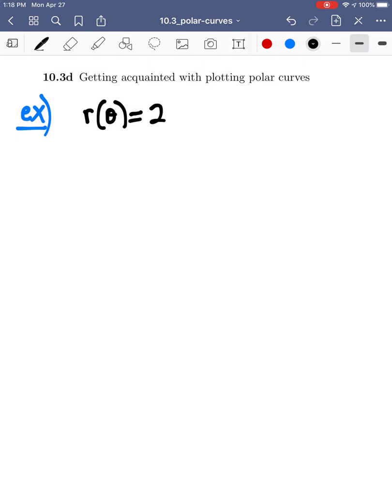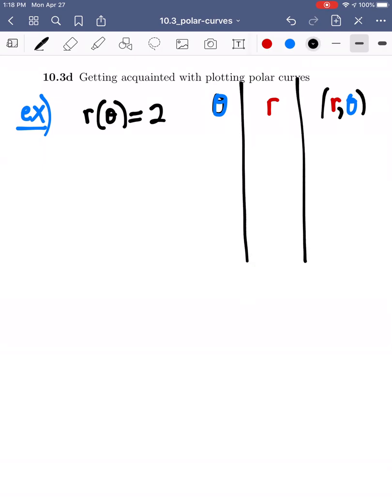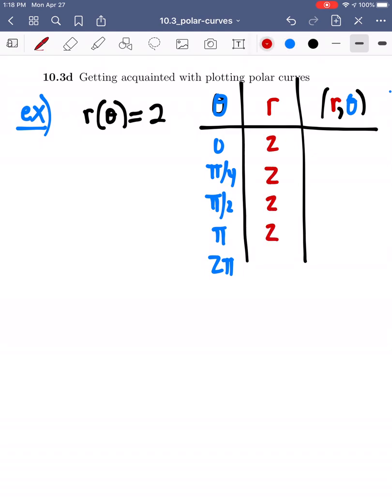So if we went ahead and tried to make our table of theta values, r values, and then the associated r theta values, well, what's a little different here is, we know that for every single theta value, even 0, pi over 4, pi over 2, pi, 2 pi, etc., our r is always equal to 2, no matter what the angle is for this particular example.